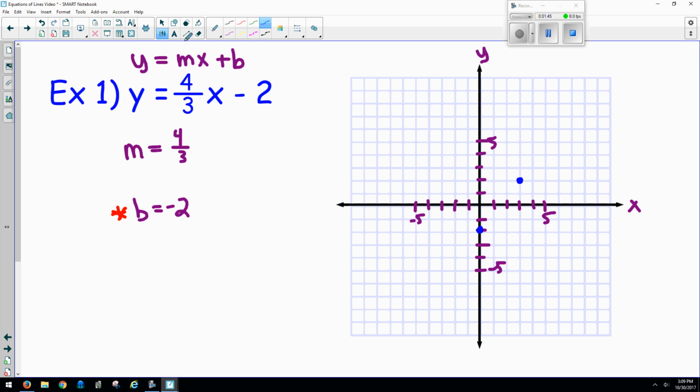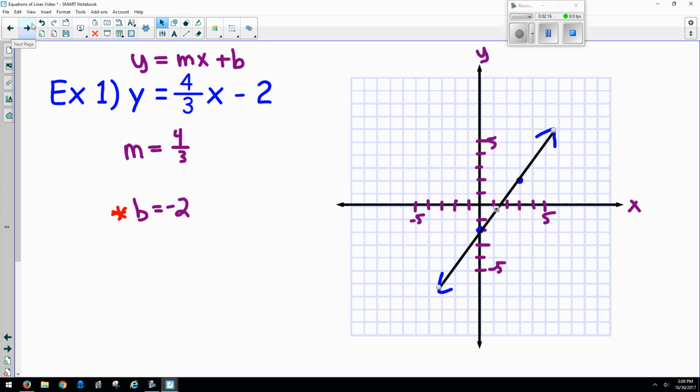And that's how I'm going to form this line. Don't forget to put arrows on your lines. So that's what our line is going to look like.